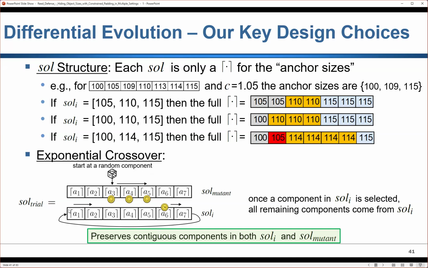And so what you wind up with is a trial solution that consists of a contiguous portion of the mutant combined with a contiguous portion of the ith solution. So you preserve this substructure where neighboring anchors have arrived at good solutions that are not leaving sizes unpadded.